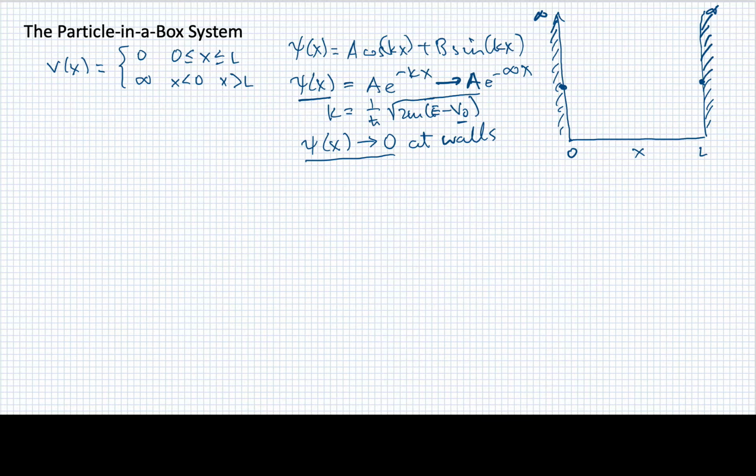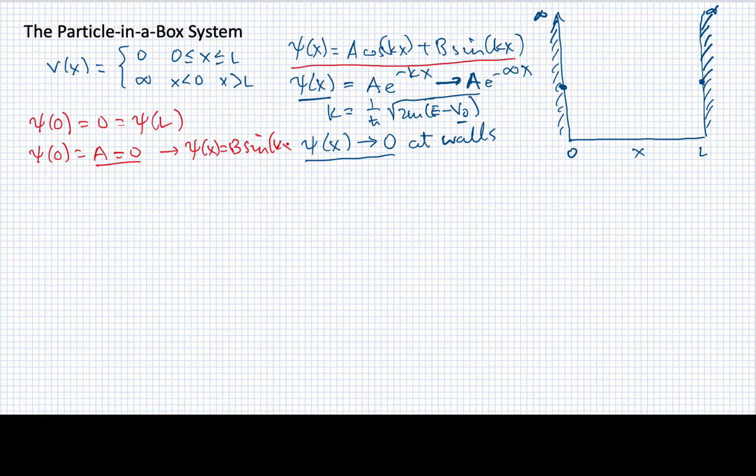Okay, well, I'm going to start writing this in red because this is where it's going to get a little bit more important. We're going to have a wave function that's equal to 0 at 0 and also at L. So when I plug that into my general form inside of the box, I will have that psi of 0 is just equal to a, but that's equal to 0, so therefore a is equal to 0, and our wave function must be b sine of kx.